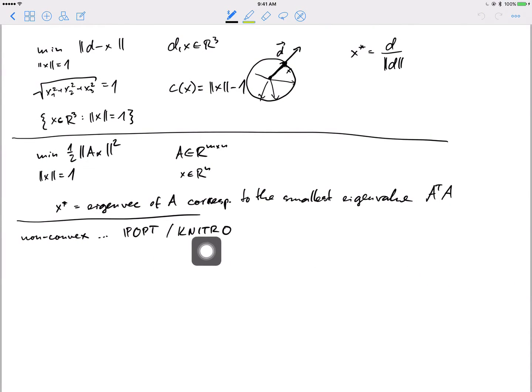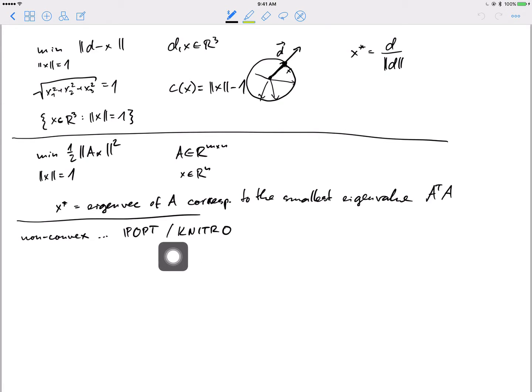The non-convex solvers are a little bit more finicky. They have some parameters which need to be tuned carefully, otherwise they might not work so well. So it's less robust than the convex optimization case, where you can even prove that these algorithms are polynomial and the tuning of the parameters is less complicated.